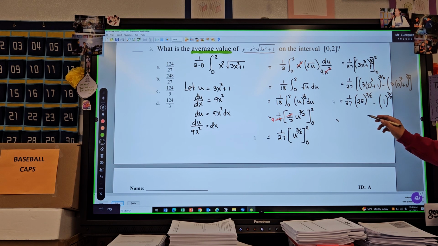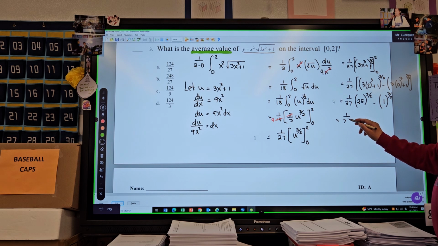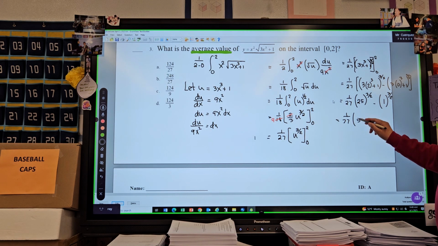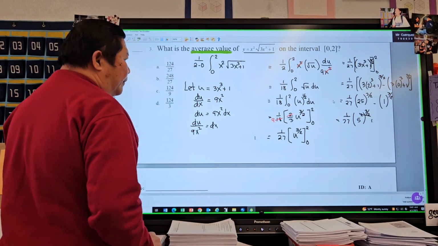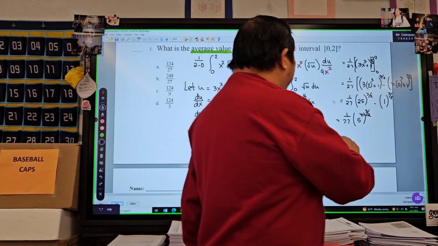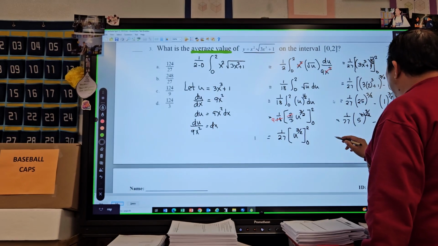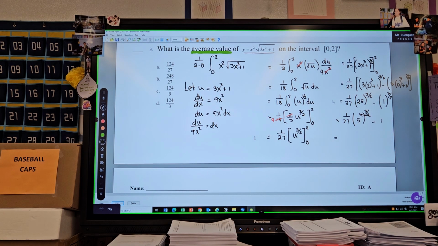So which means 1 over 27 times 5 squared to the power of 3 halves. Therefore, this cancels out. Okay? And this one is 1, still minus 1. So 5 to the power of 3 is 125.